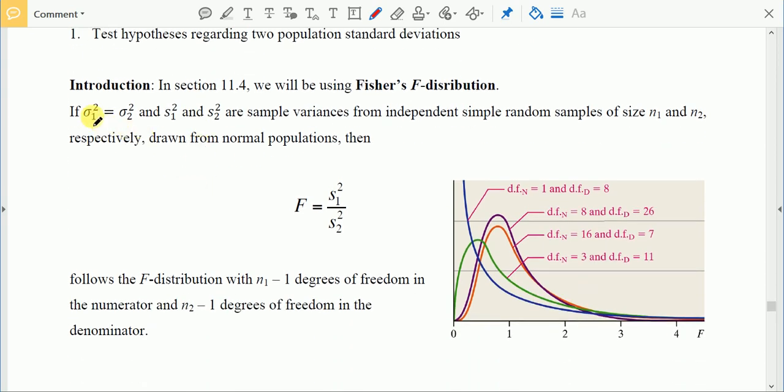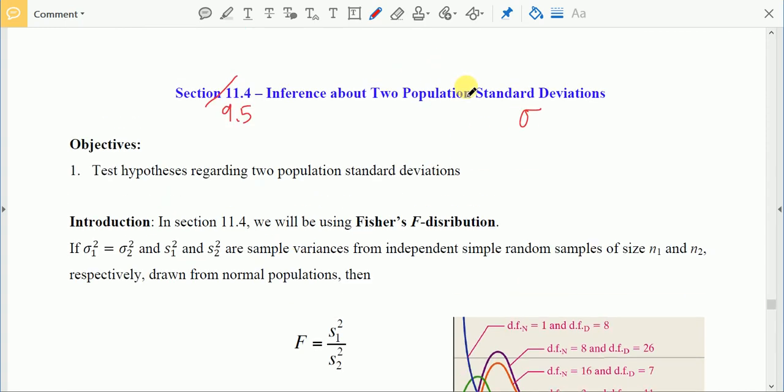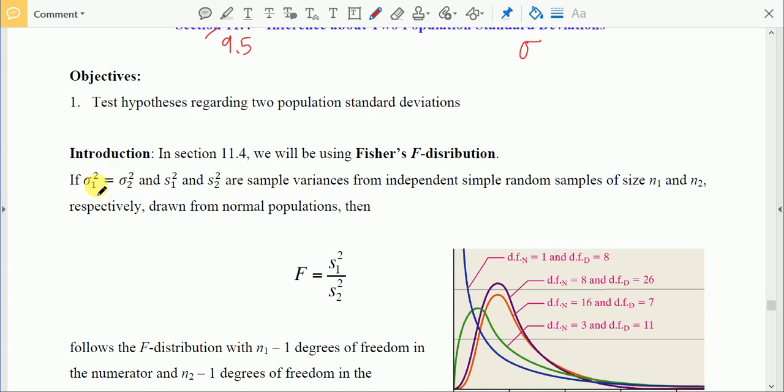Now, sigma 1 squared and sigma 2 squared are the variances for populations 1 and 2. Remember, in this chapter, we talk about two populations. We're comparing two populations. Therefore, you have 1 for population 1 and 2 for population 2.